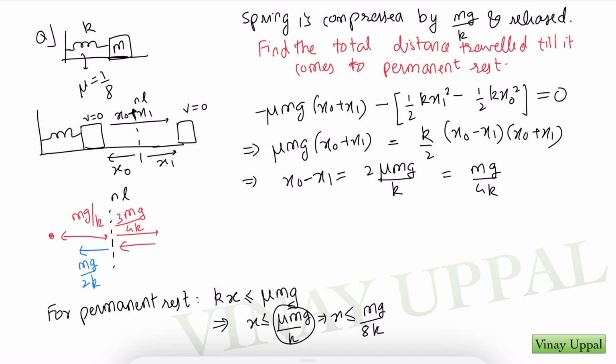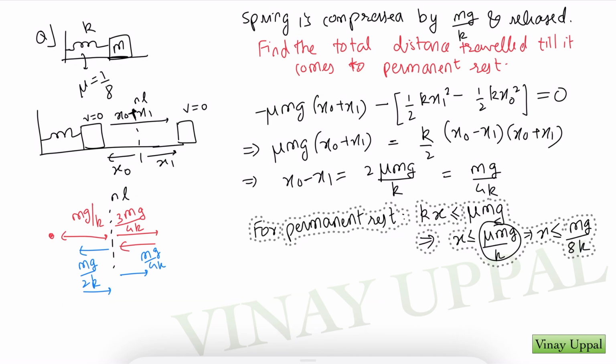So here again it will travel back for mg by 2k. Then on the other side it will travel mg by 2k minus mg by 4k, so it will be mg by 4k. And now this mg by 4k will again reduce by mg by 4k. That means the final compression or extension will be 0.